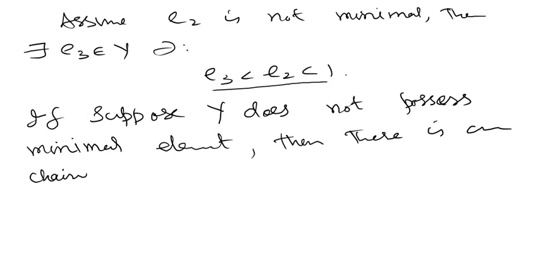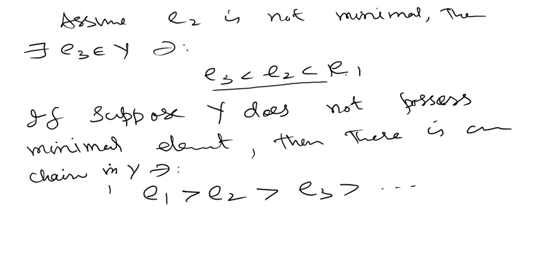You will get an infinite chain: E1 greater than E2 greater than E3, and so on and so forth, which is a contradiction because Y is finite. There is an infinite chain in Y, which is a contradiction.